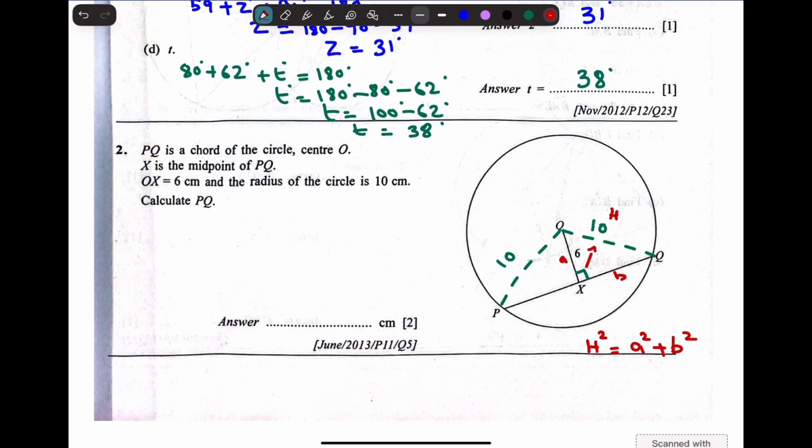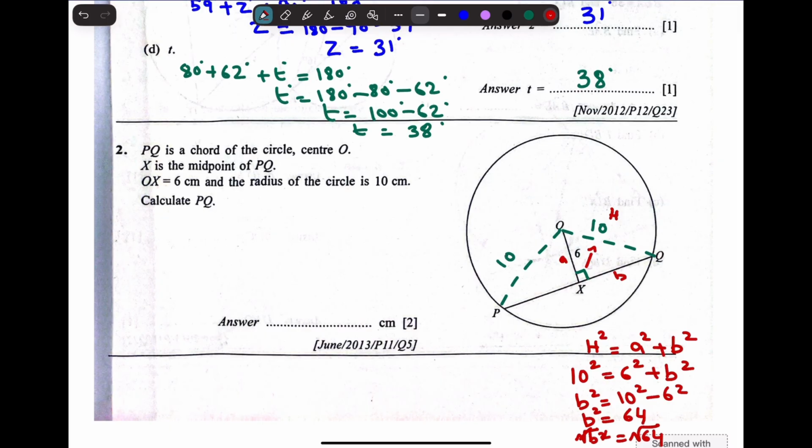Okay, so if h is 10, 10 square is equals to 6 square plus b square. B square is basically 10 square minus 6 square, which is 100 minus 36, which gives you 64. Now to get rid of the square, we're going to take square root on both sides.